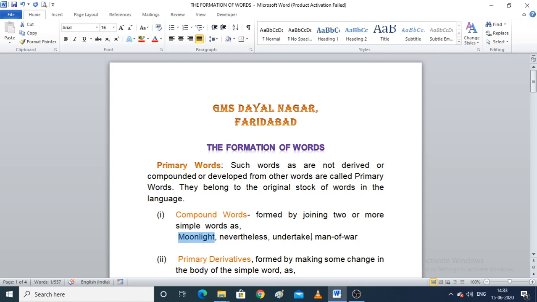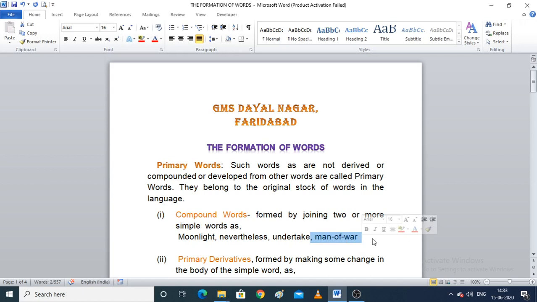But in case we separate the words with a hyphen, for example, in this word man-of-war, we separated three words with two hyphens in between.